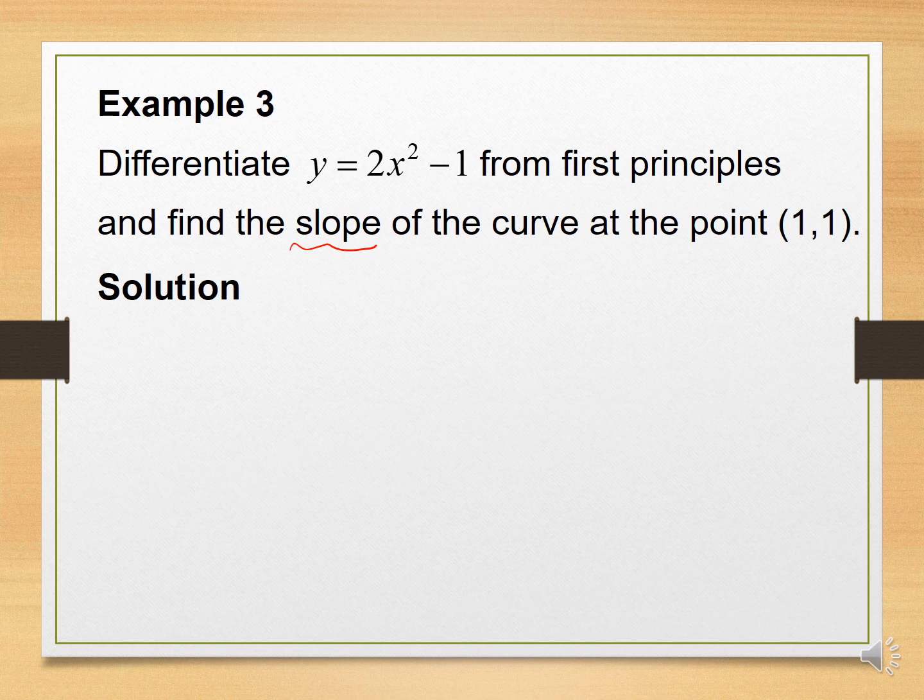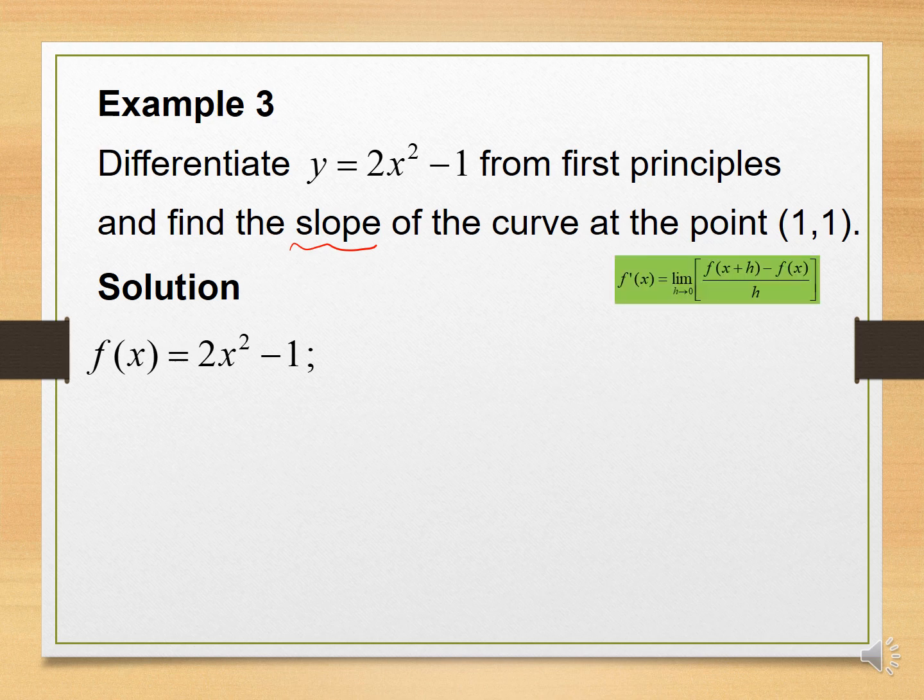Okay, before that we change the y as f(x) first, which is 2x squared minus 1. And from the formula we know that we have to determine f(x + h). So that means you have to change the input x to x + h. What I circle here, later we will replace by x + h.